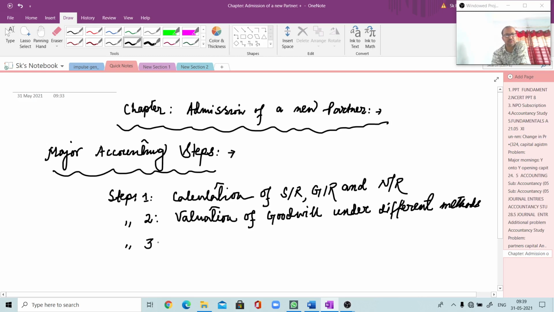Third step, treatment of goodwill. Whether the new partner is able to contribute his proportionate share of goodwill or not. On that basis, when the new partner is able to contribute or unable to contribute, we have to know the treatment of goodwill in this chapter.